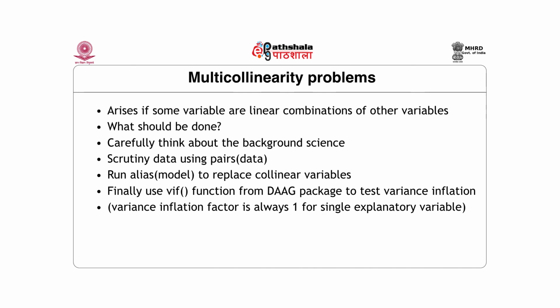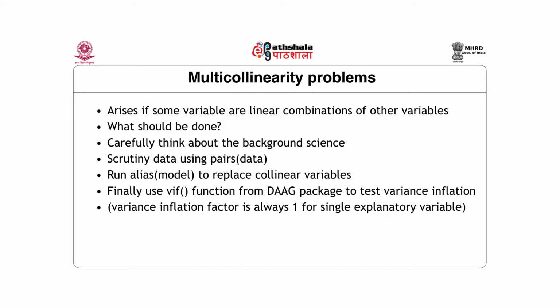Now, the other thing that is very important is that some variables are linear combinations of other variables, and that's something we'll look at when we start talking about ANOVA. It becomes very important. You run the model, and it will tell you if there is a collinearity problem amongst the variables you introduced, and what kind of transformations to make.